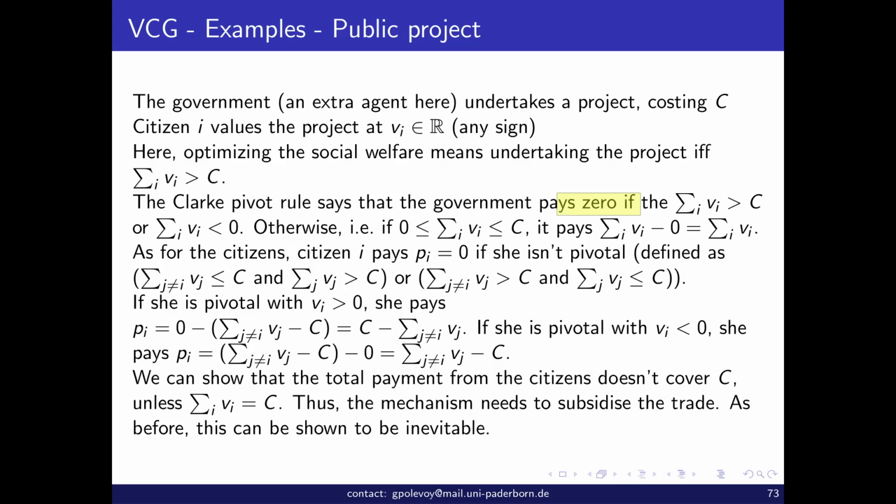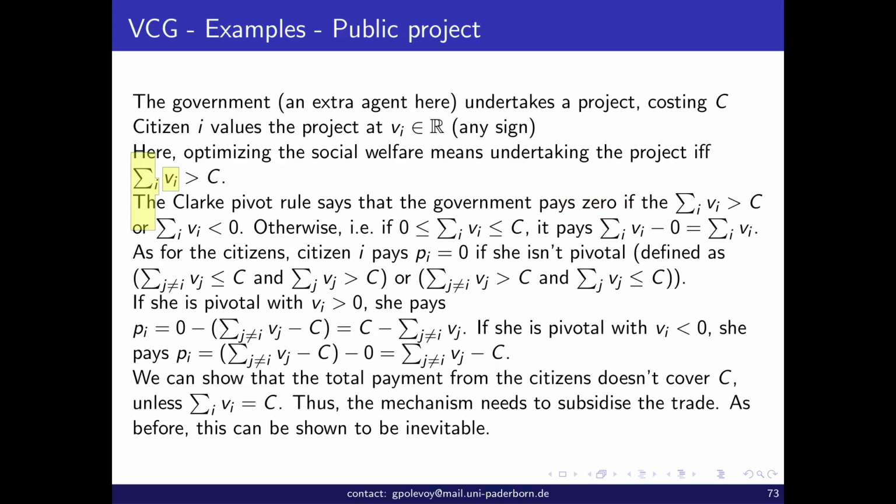And the total value of the others, those besides the government, would be the sum of the values. And we choose the best thing to build considering the government because the sum of the values is greater than C. So that's going to be 0.